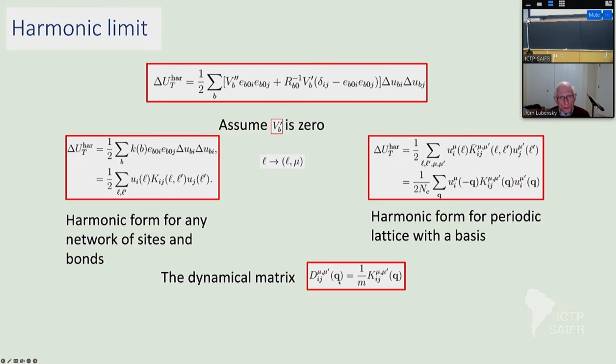From this, of course, we get the dynamical matrix by dividing the stiffness matrix by M. Now, of course, what I'm assuming here is all of the masses are the same. We could introduce an extra layer of complexity by introducing different masses for each mu, in which case this M will be replaced by the square root of M mu M mu prime, but we will not be doing that.